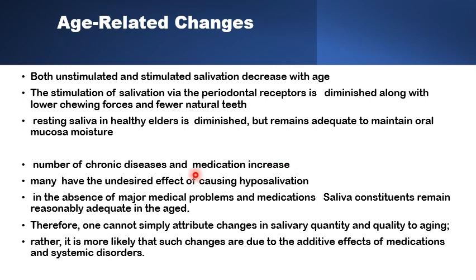Many of these medications, more than 500 different drugs, could have the undesired side effect of hyposalivation and xerostomia. But in the absence of a major medical problem, or in the absence of frequent medication, the saliva composition in the elderly remains reasonably adequate, with diminished but still adequate reserve to maintain oral mucosal moisture.